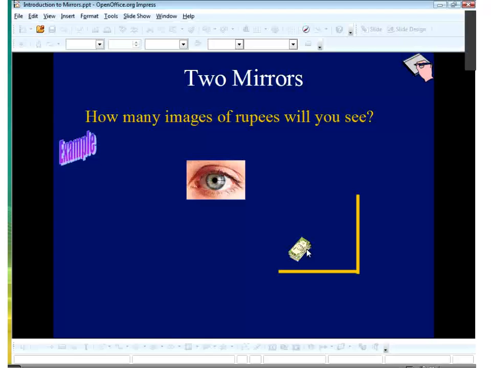So here, this is one mirror, this is another mirror. So one image will be here, another image will be somewhere there. But this image by this mirror will act as object for this.